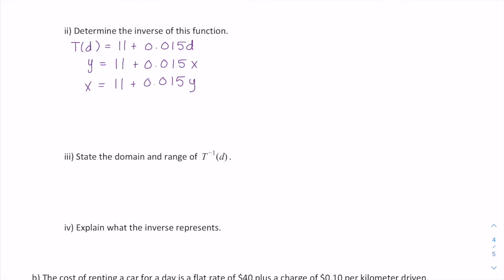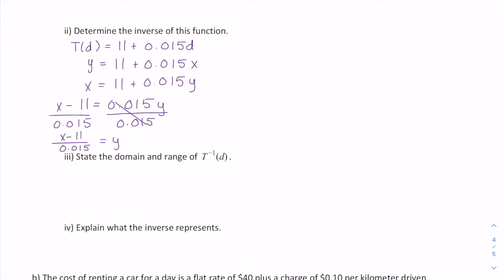Now, let's isolate Y. So the 11's got to move to the other side. And now we're just going to divide out that 0.015 from both sides. And we'll get X minus 11 all over 0.015 equals Y. So that's our inverse there.